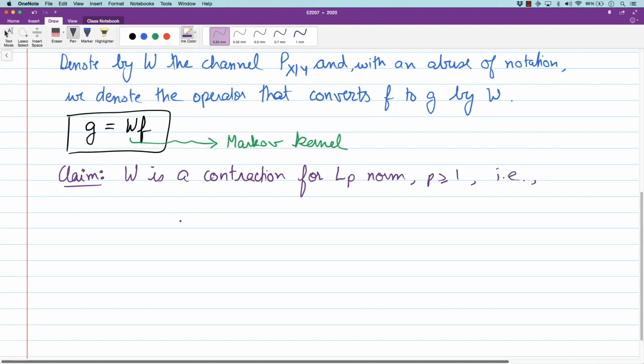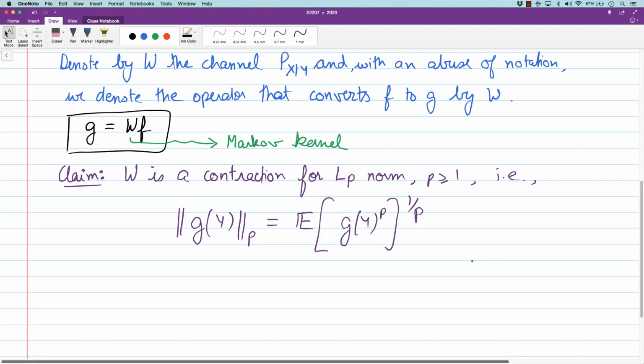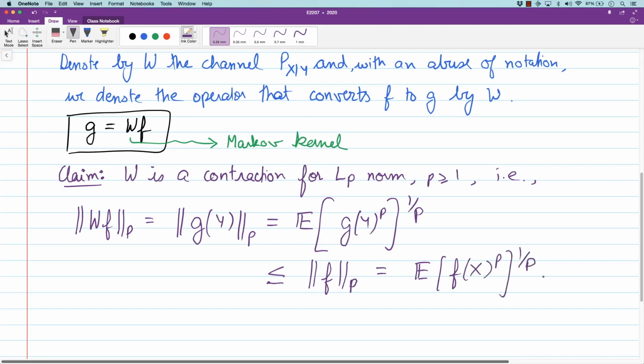If you look at the random variable g of y and look at its L^p norm, which is the expected value of g of Y to the power p, to the power 1 by p, the claim is that the norm of W of f is less than or equal to the L^p norm of f, which is the expected value of f of X to the power p, to the power 1 by p. That's the claim.